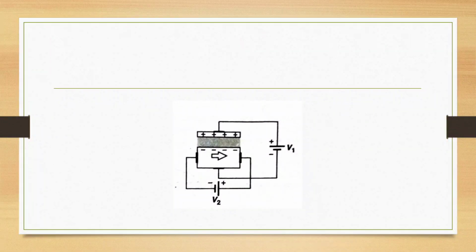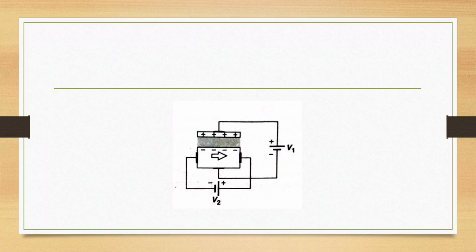What will happen when you connect V2? There will be electron flow from left to right, negative side to positive side. Those electrons flow through the negative channel, which is already formed because of the V1 voltage. So there will be a current flow.